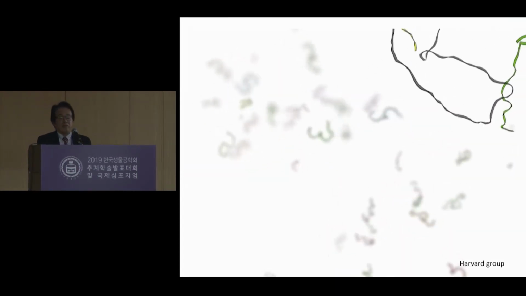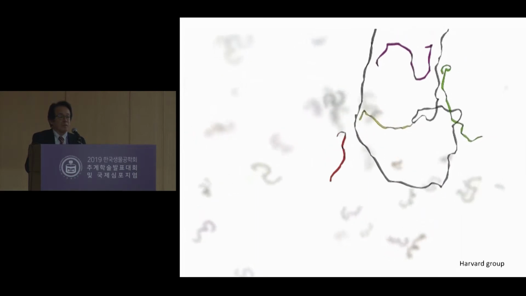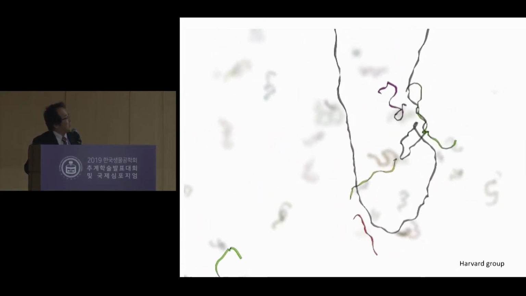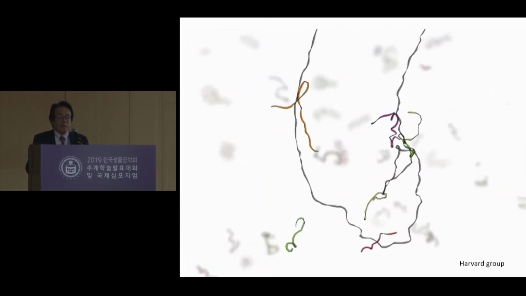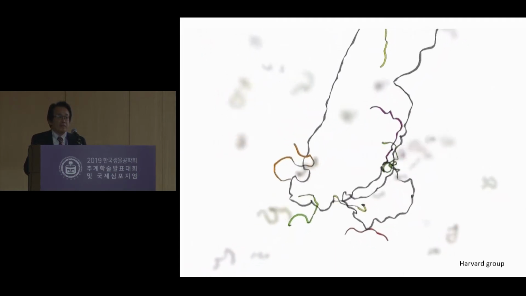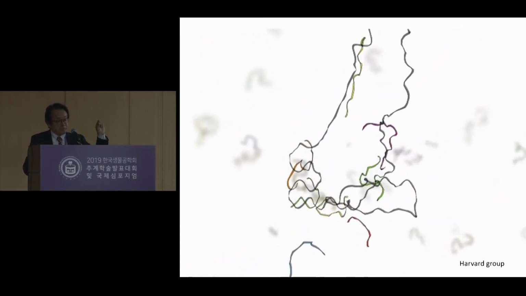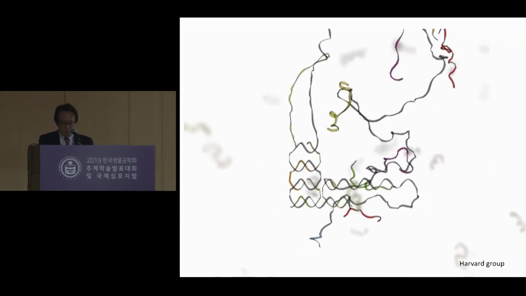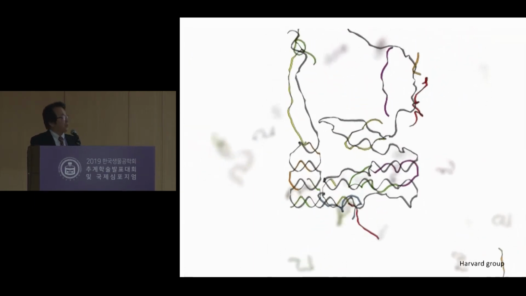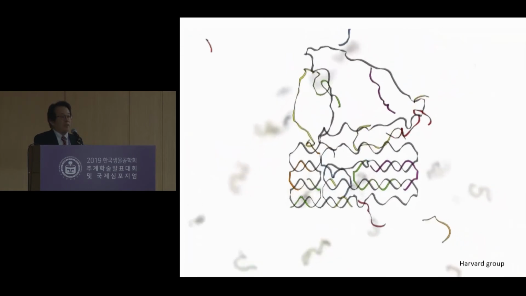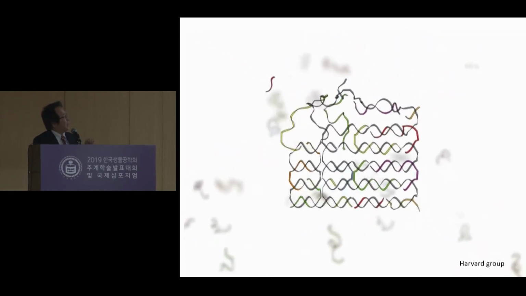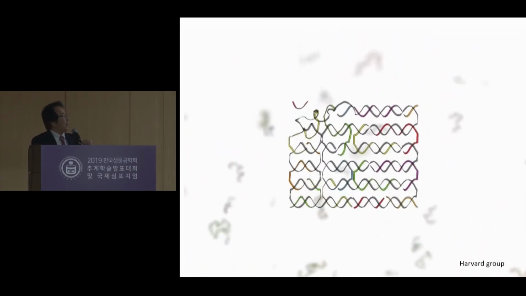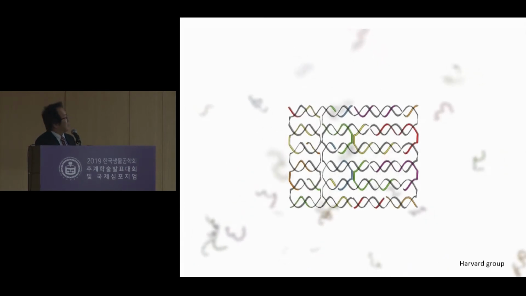This animation was made by the Harvard group, where you can see the short staples find the complementary region of the long DNA fragment and gradually form the rectangle structure. I hope you can get the image of how the origami forms in solution.